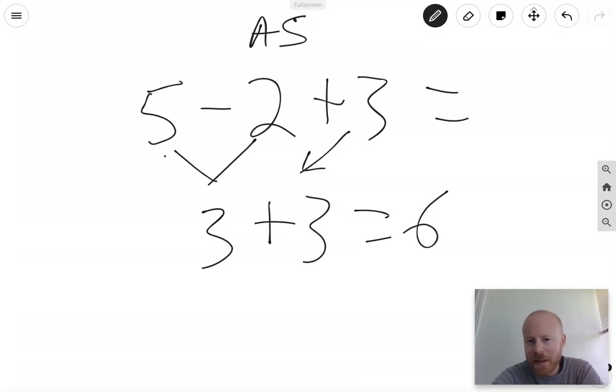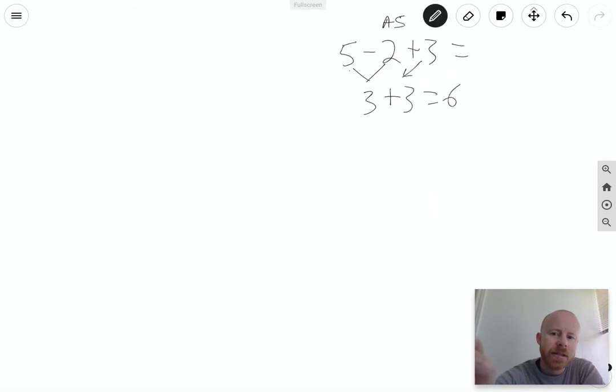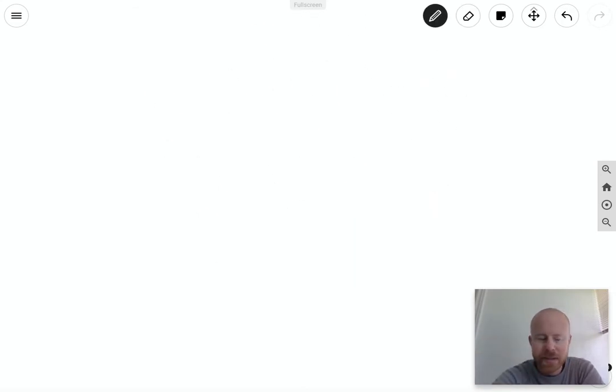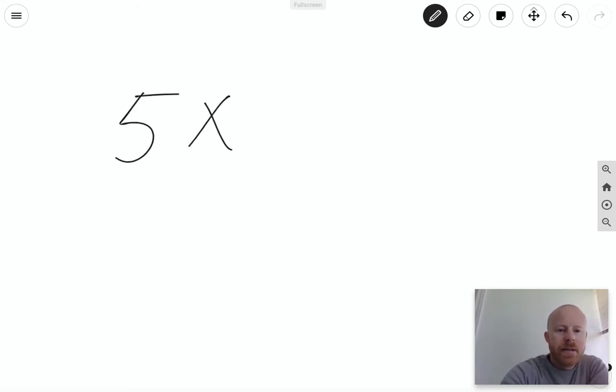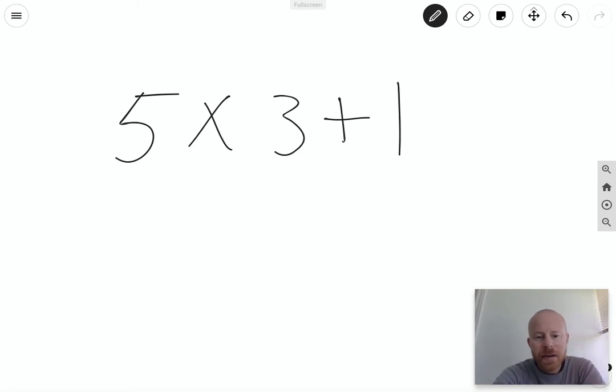All right? Now, here's where it gets a little more complicated, when we start doing parentheses. So let's take a look at an equation with parentheses. So let's go 5 times 3 plus 1. Now, if it was this way, we would just do 5 times 3 first.